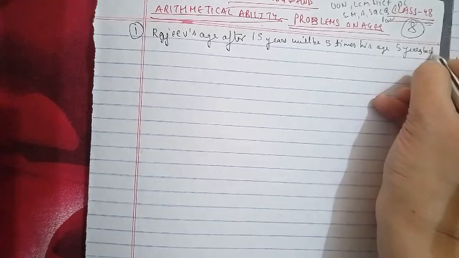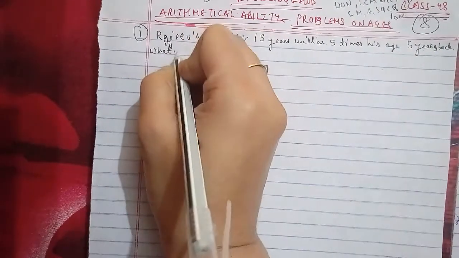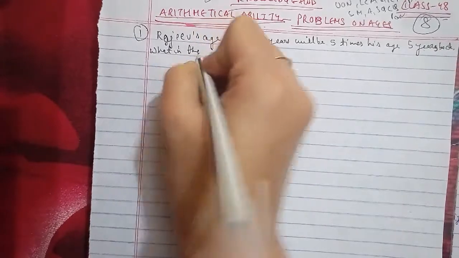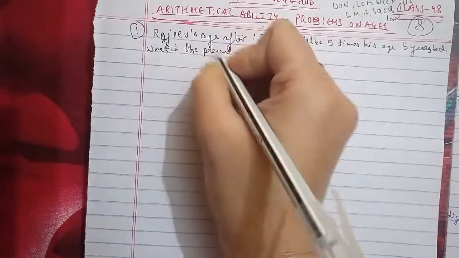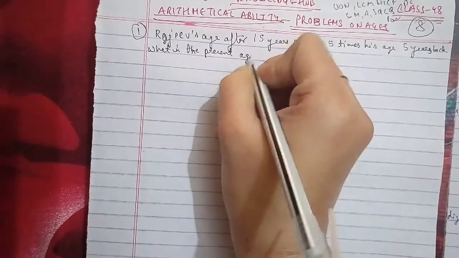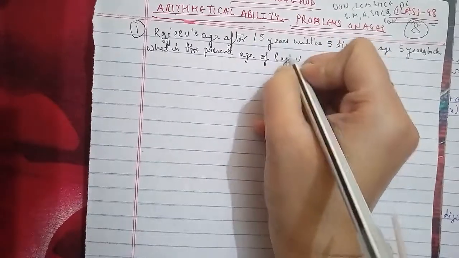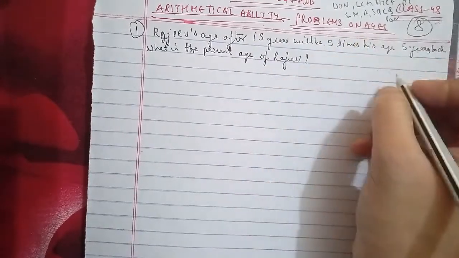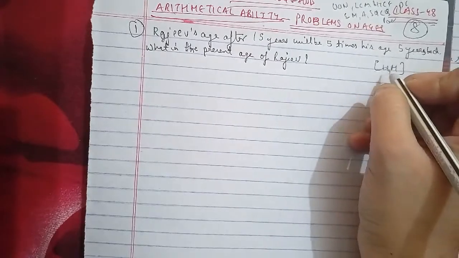What is the present age of Rajiv? This is being asked in your hotel management question paper, and that is also an important one. We'll go ahead for the solution.